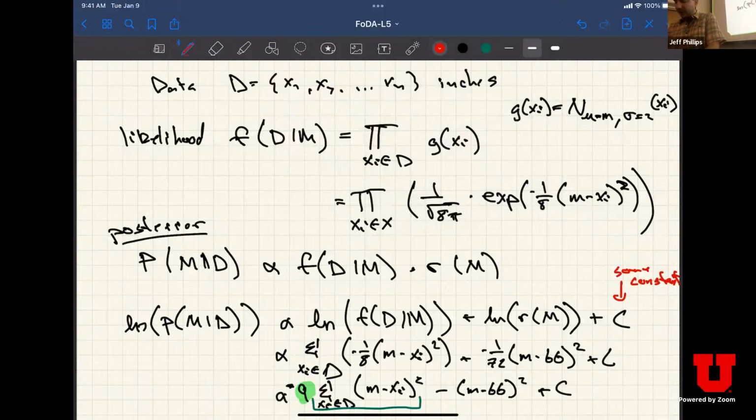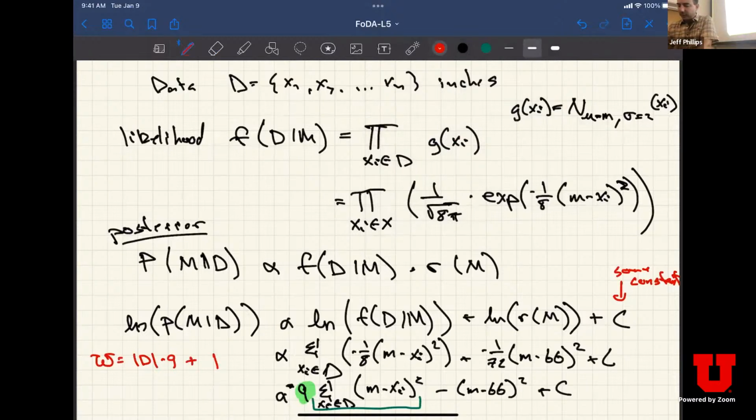I can say the total weight is going to be equal to the number of data points, the cardinality of the set, n times 9, plus 1 for the prior.